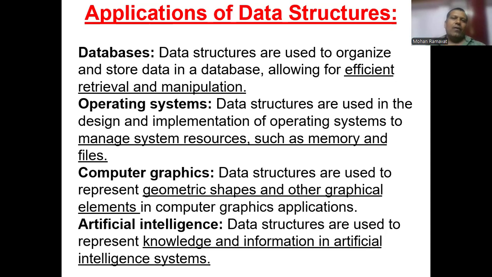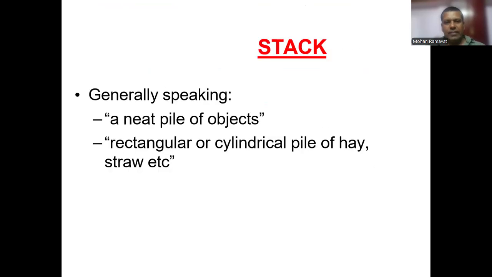The best example is in the agricultural sector, where drones are used to detect or spray fertilizers, or to trace water resources and even minerals, etc. So that's about the applications of data structures.